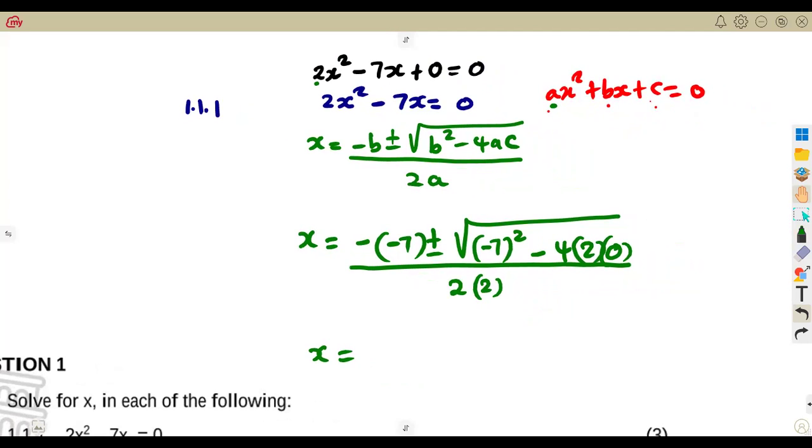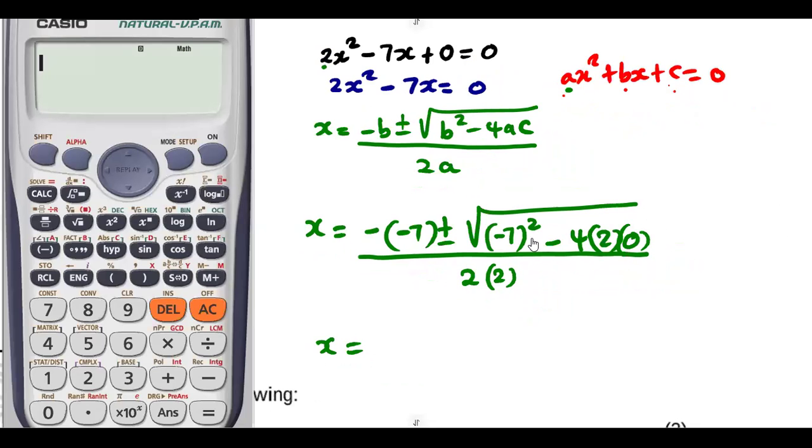As I always say, it is best that you indicate what is under the square root first before we consider the simplification of the whole part. What is under the square root? Only this part. So that is negative 7 in bracket squared minus, we are multiplying by 0 there, so everything is going to give us a 0, but we can simply multiply 4 times 2 times a 0, no problem.